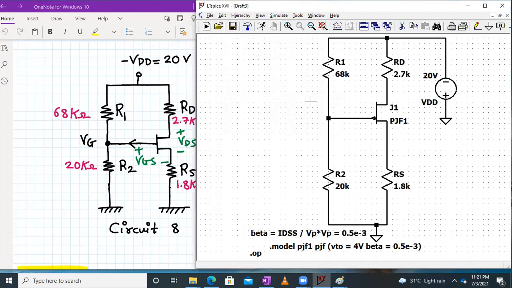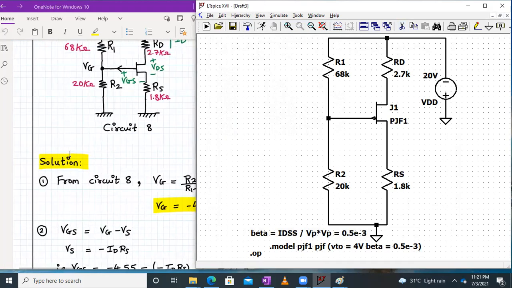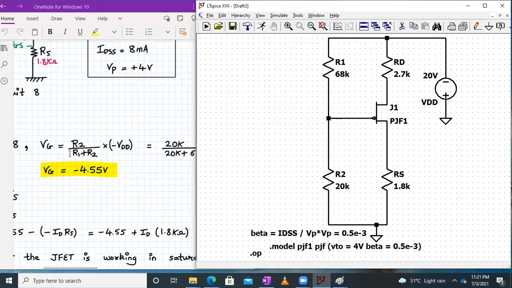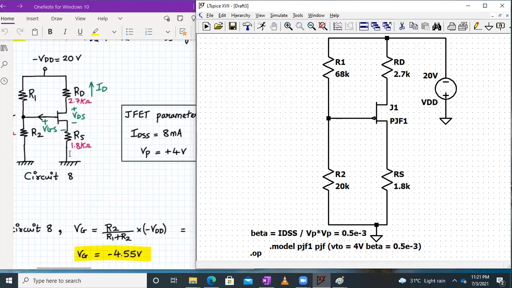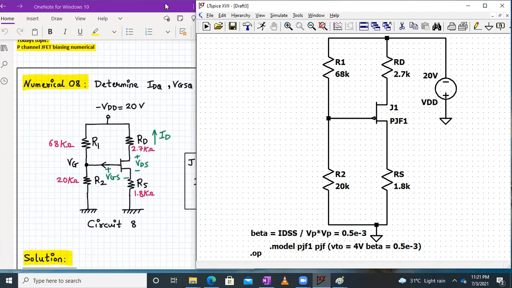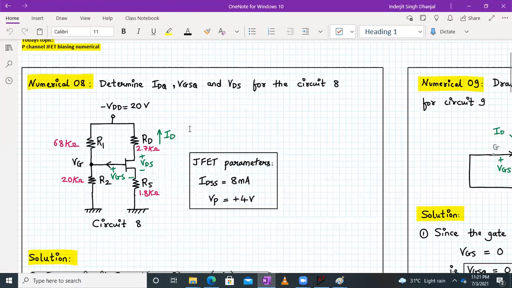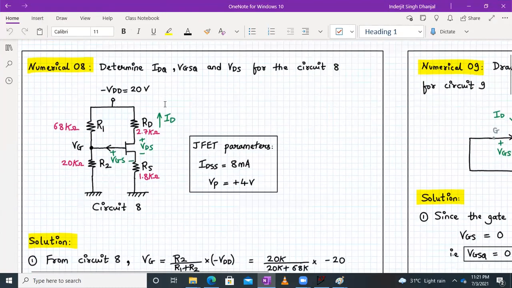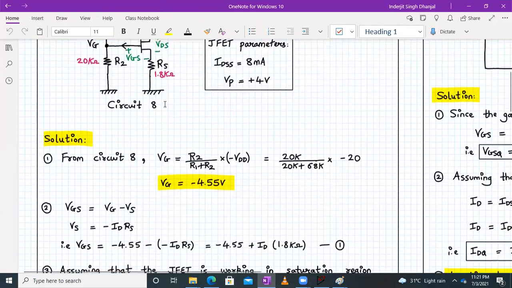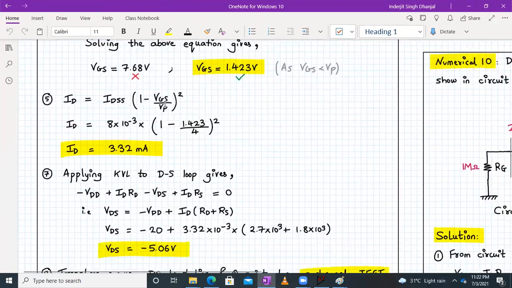No, I guess it won't work because it requires the values of R1 and R2 to be extremely high. Then only it might work and give you the result properly. So in those conditions, I guess we will not be able to simulate the P channel JFET numerical, but rest all the things we have completed and it's perfectly matching.